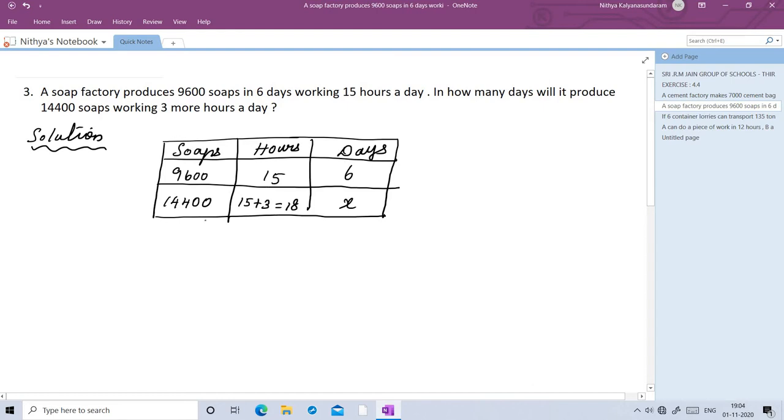If more hours are spent per day, fewer days are required. If you want to produce more soaps, more days are required. So it's a direct proportion.